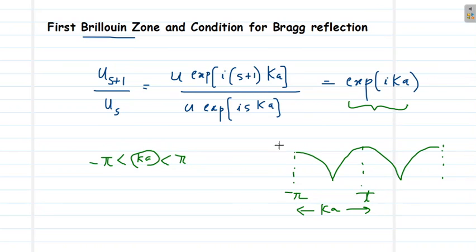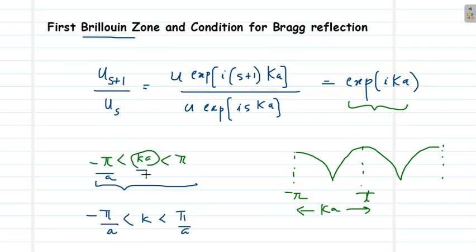This range of values of Ka from minus pi to plus pi covers the first Brillouin zone of the linear lattice. So when Ka varies from minus pi to pi, the K value varies from minus pi by a to plus pi by a.